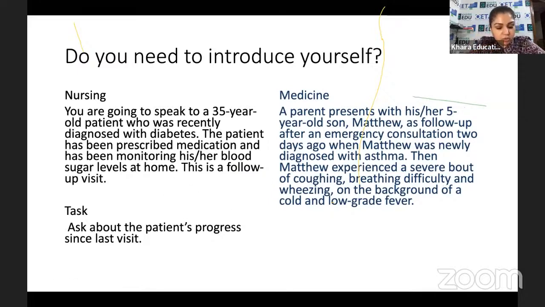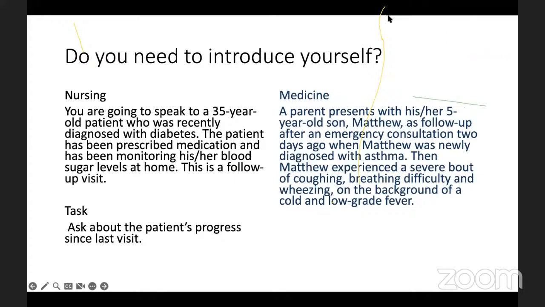Your introduction is also good. Another equally appropriate way can be: so Martha, I have your notes here. I see that you're here for a follow-up today and that you were told you were dealing with high sugar levels, and we're going to check up on your progress today. So that would be another way where you can use the information from the role play card.